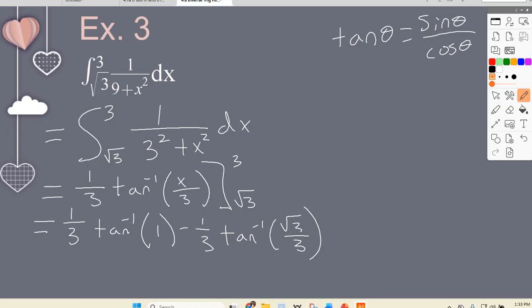We're trying to figure out what theta or angle would give me 1 for tangent. And so the only way that a fraction can be 1 is if the top and the bottom are equivalent. And so which one of our angles is the top and the bottom equal for sine and cosine? 45 or pi over 4.